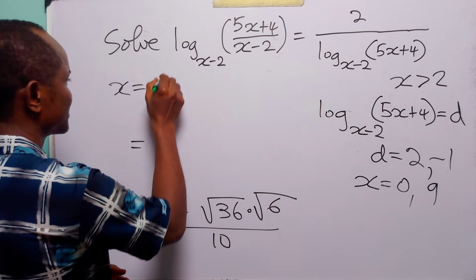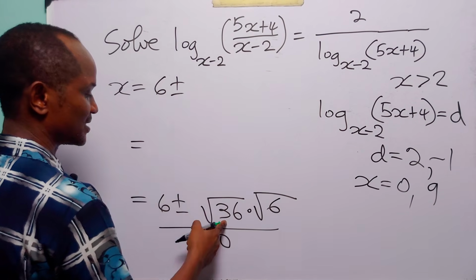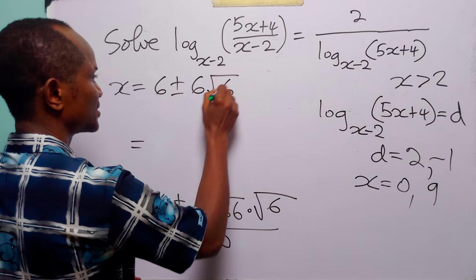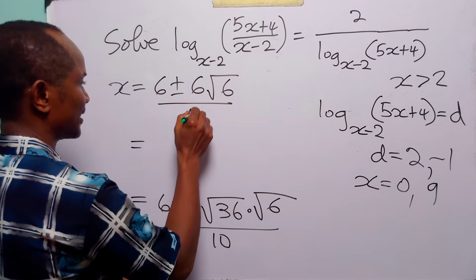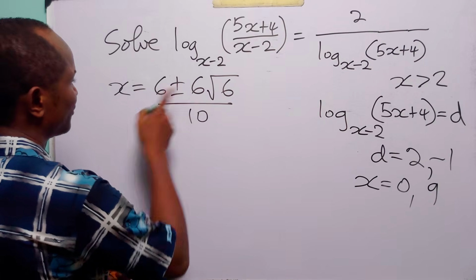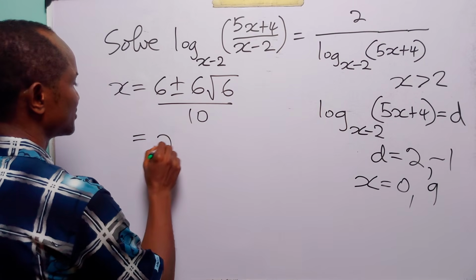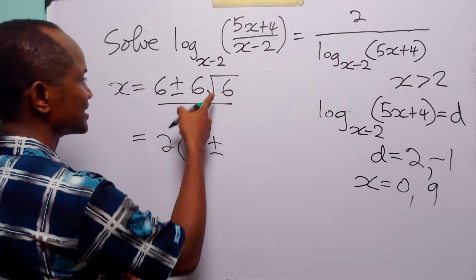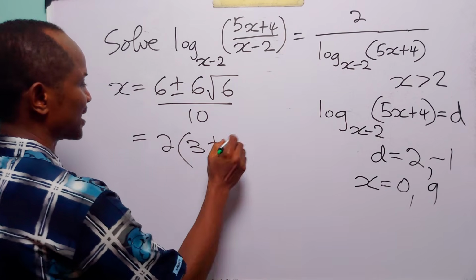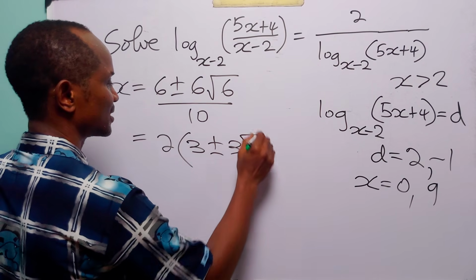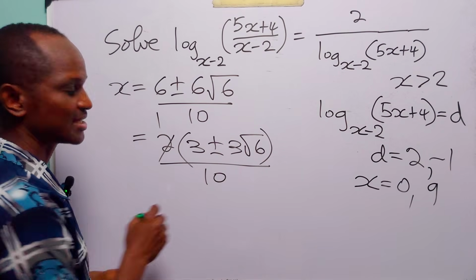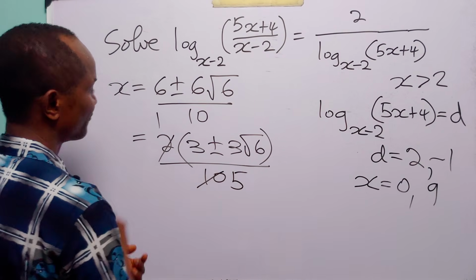And from here we get 6 plus or minus the square root of 36 is 6 root 6 divided by 10. And of course, we can write this as 2 into 6 divided by 2 is 3. 6 root 6 divided by 2 is 3 root 6, all over 10. 2 into itself is 1, into 10 is 5.